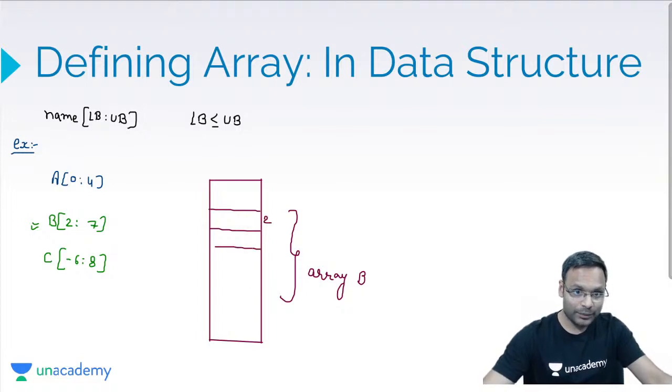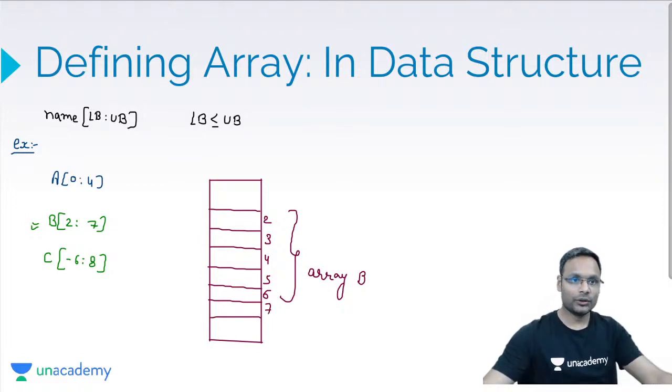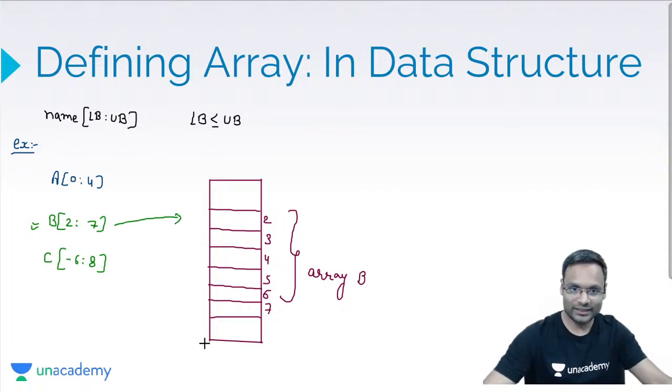Then the next element at index 3, index 4, index 5, index 6, and the last element at index 7. Right? This array is stored in memory that way.